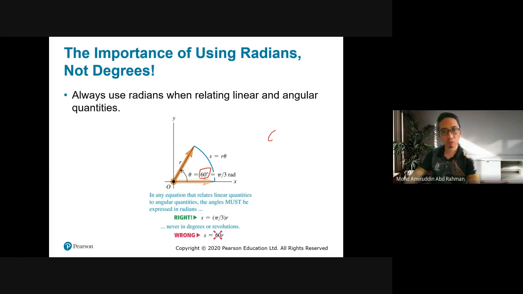You remember the rule: 180 degrees is pi radian.